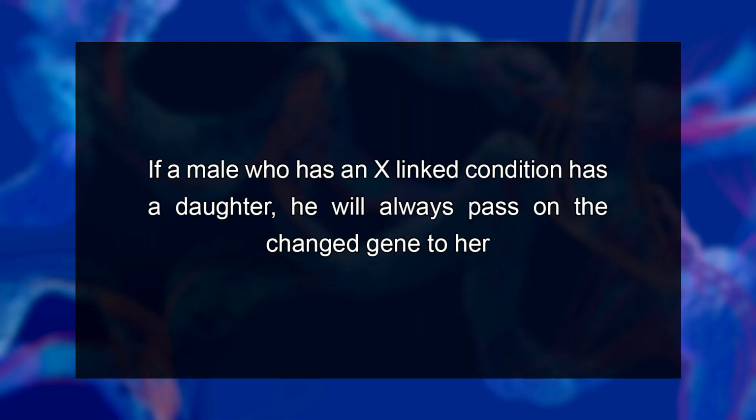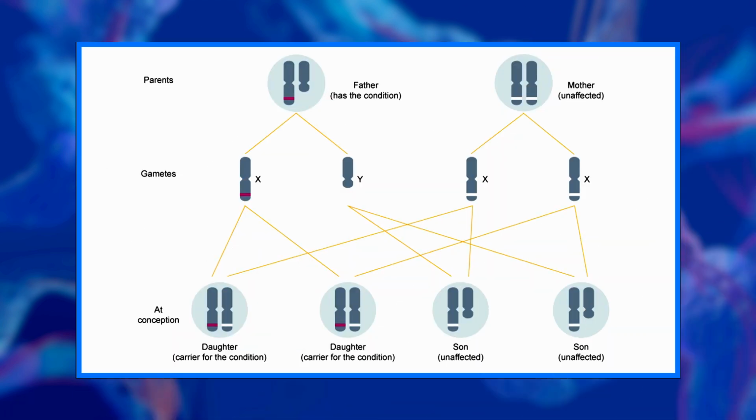If a male who has an X-linked condition has a daughter, he will always pass on the changed gene to her. This is because males only have one X chromosome and they always pass this on to their daughters. All his daughters will therefore be carriers.